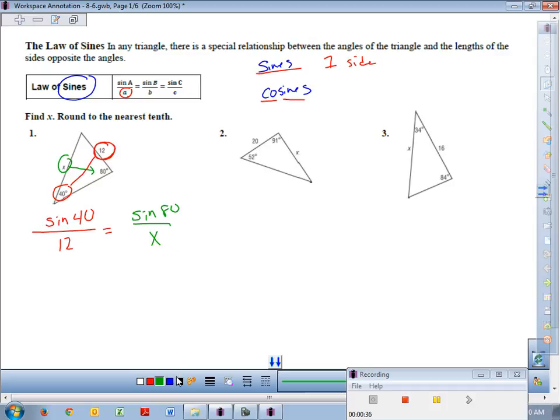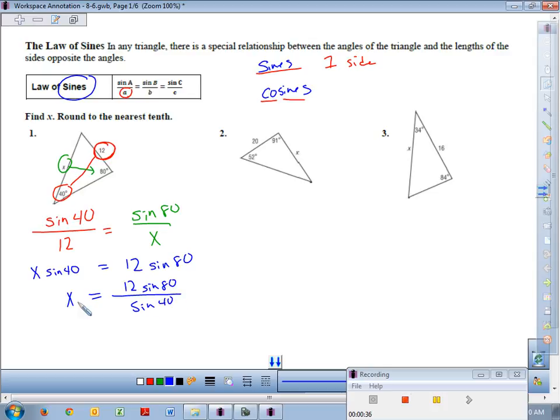So the way we solve this is by cross multiplying, so we'll get x times the sine of 40 equals 12 times the sine of 80. And remember, we want to get x all by itself first, so dividing both sides by sine of 40, we get 12 times the sine of 80 over the sine of 40.